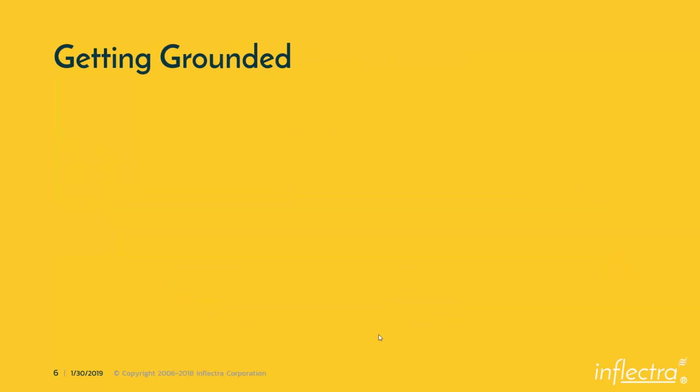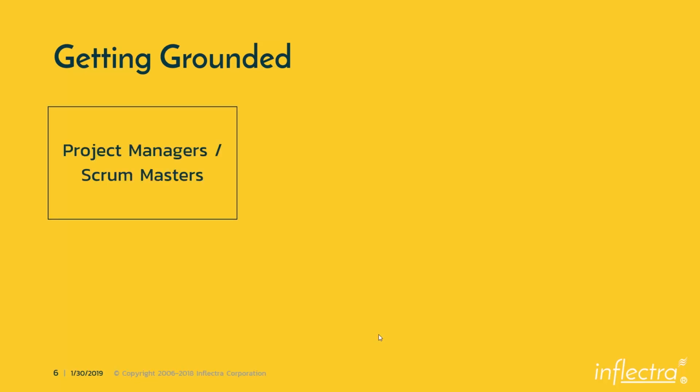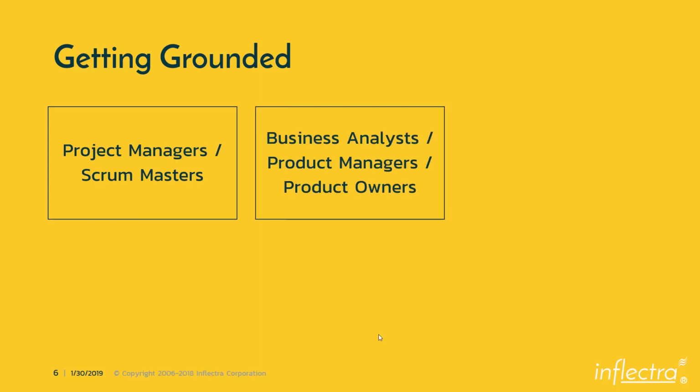Now, before we move forward, we need to get grounded. Often, when people hear about application lifecycle management, they interpret the terminology with things they know. Project managers or scrum masters will think of the current scope of the project or the specific iteration or release that has a known scope and a relatively short duration.